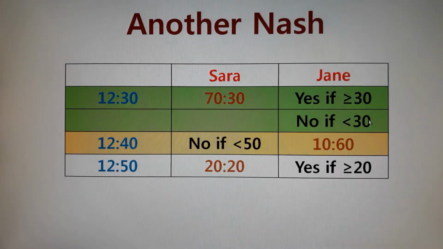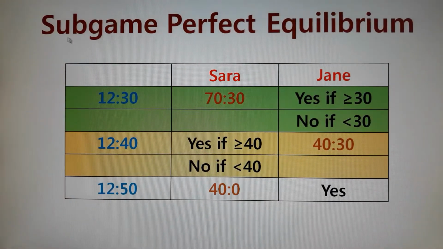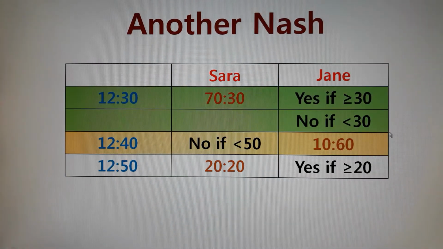What is another Nash equilibrium that is not subgame perfect? Here, Sarah offers 70-30, and Jane says yes if it's 30. So this game ends at 70-30, like our subgame perfect equilibrium. The first line is the same. Actually, the second line is the same. Yes if 30.